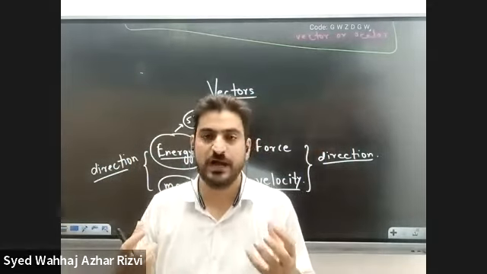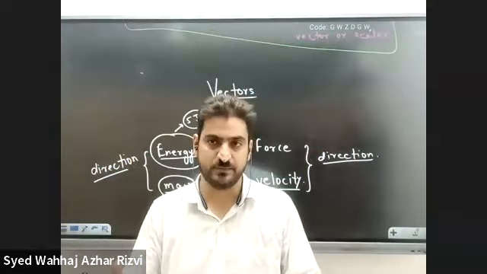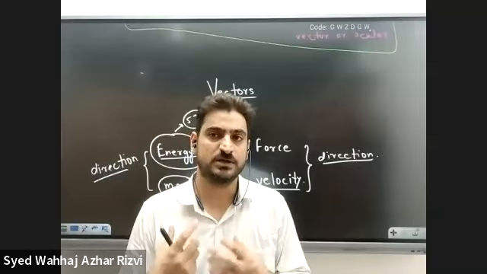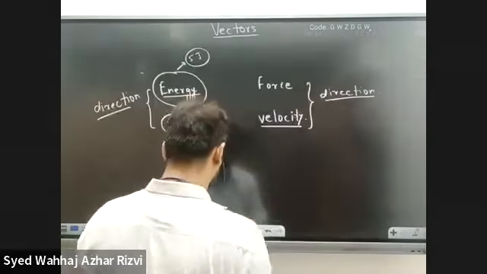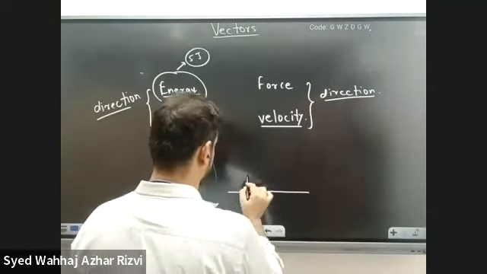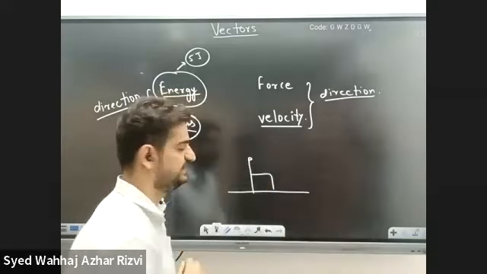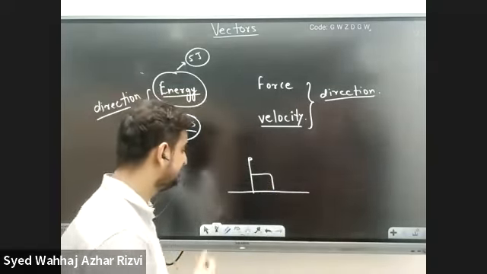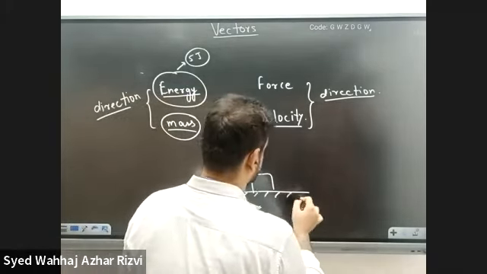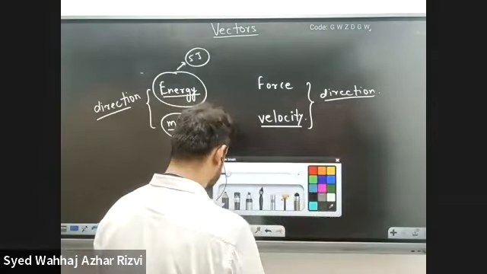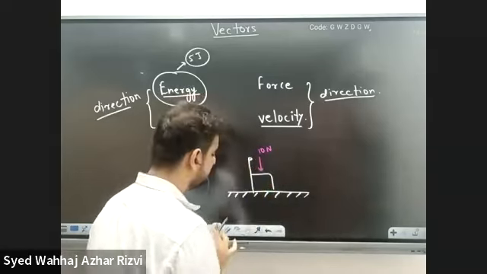If I tell you to go ahead and apply a force of 10 Newton on a chair which is in your room, tell me what would happen to the chair. Let's say this is the ground, and on this ground I have this chair. If I apply 10 Newton like this, it will stay at its place.